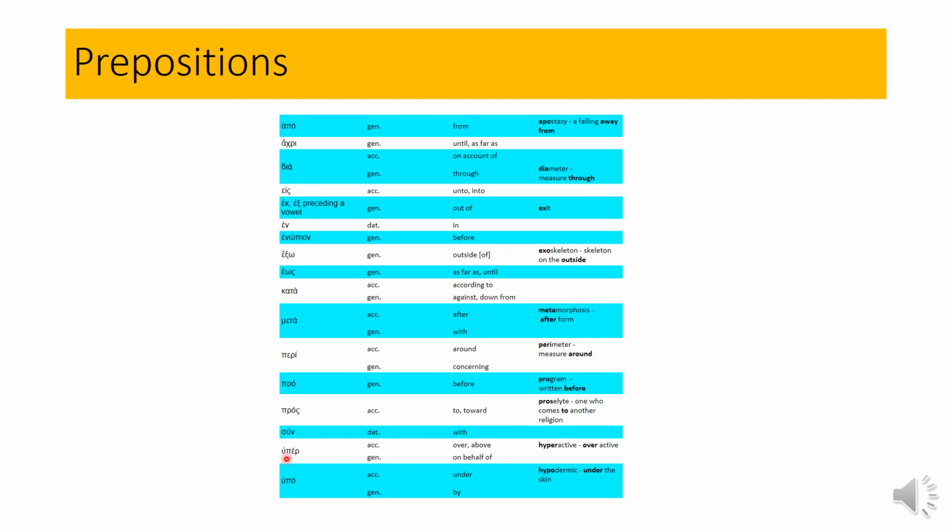The preposition huper can be used with two cases in Greek, accusative or genitive. If huper is used with the accusative case, it would be translated over and above. If huper is used with the genitive case, it would be translated over, above, or on behalf of.